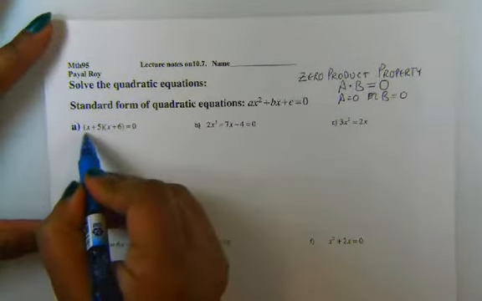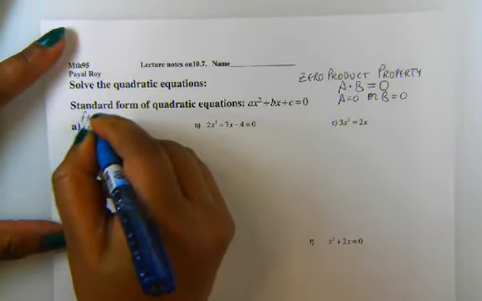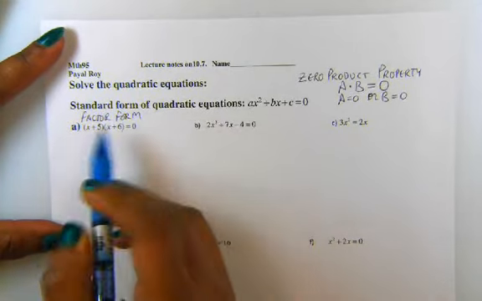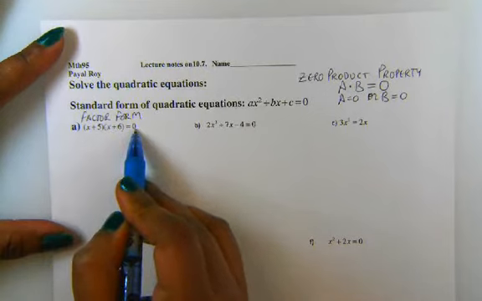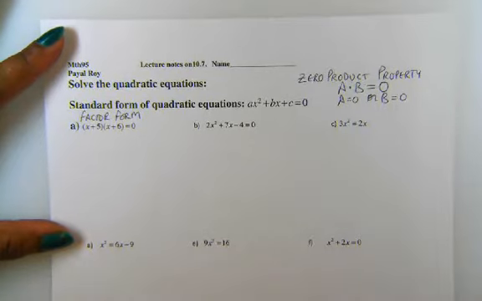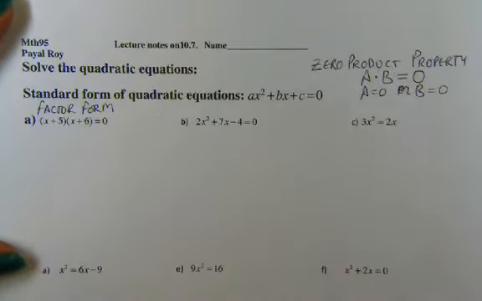If you look at the first polynomial, it's given in factored form, and the product of these two is what? 0. So we can use the zero product property to solve it.